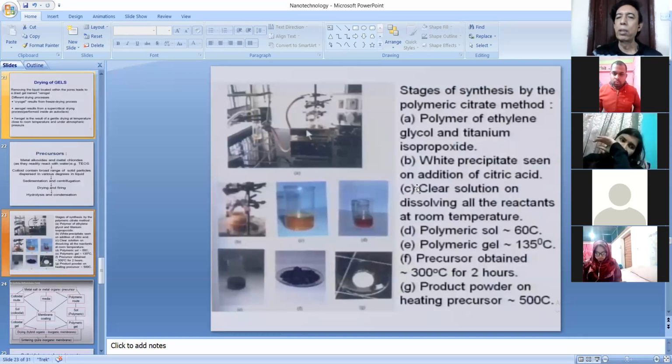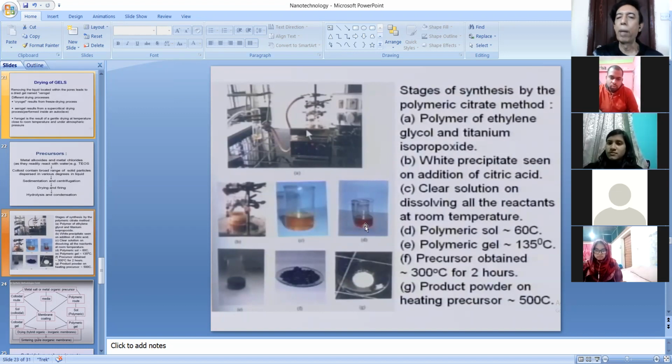Say this is A and this is B. White precipitate is seen on addition of citric acid. Clear solution is obtained on dissolving all the reactants at room temperature. First you will see a white precipitate, then you will get a clear solution when it dissolves at room temperature.